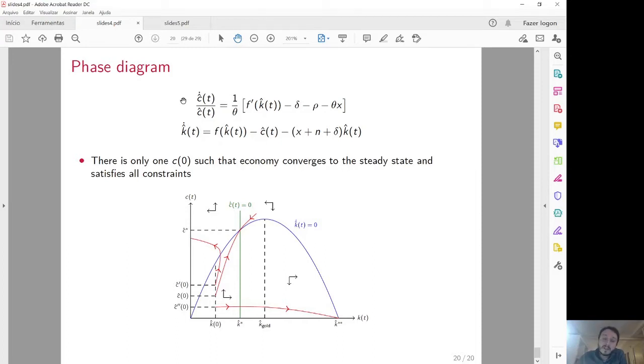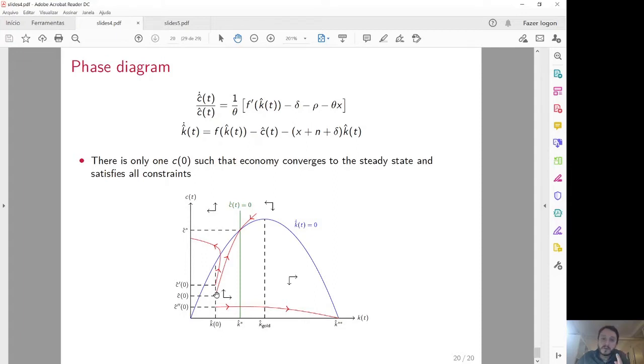But since this is not the case, we cannot find a formula that describes consumption at time t. We only know how consumption changes over time. Since we don't know the formula for consumption at time t, we need to simulate this path. So we will learn how to use a very traditional approximation method to solve a differential equation.